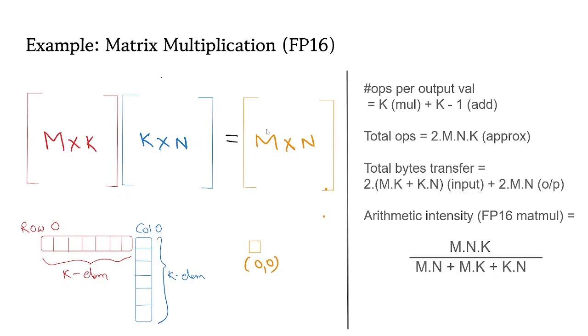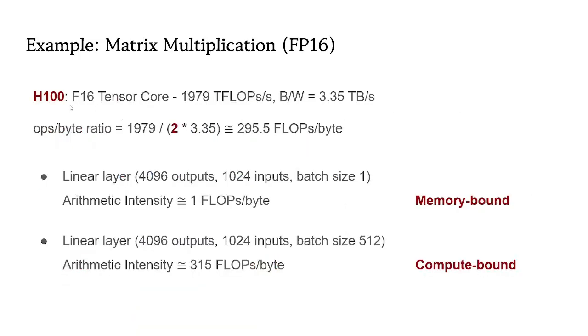And then once my output matrix is there, I have to write that back. And that means writing m times n numbers of 2 bytes each. And so the arithmetic intensity of this matrix multiplication happening in FP16 is this quantity, m and k. So this goes in the numerator and this in the denominator.